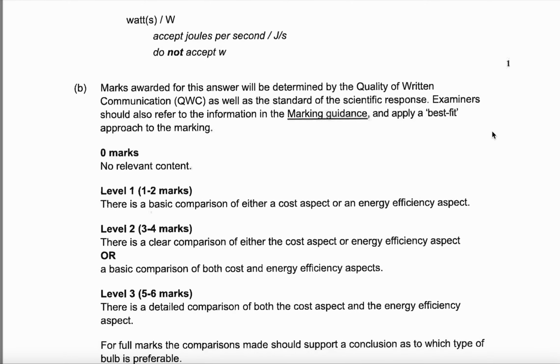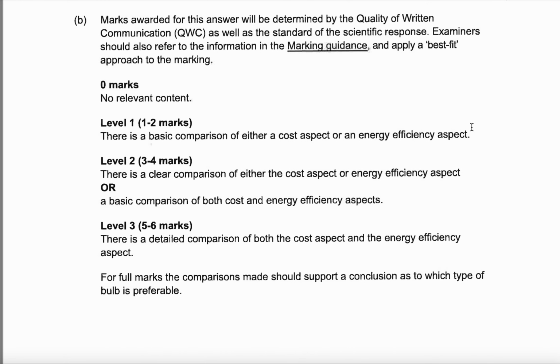Well, this is what the mark scheme explains to you. If you've made no relevant comment, obviously you get 0 marks. If you give a level 1 answer, a basic answer, where you've made a basic comparison of either cost or efficiency, you'll get 1 or 2 marks. Level 2 is 3 to 4 marks. So to get 3 to 4 marks, there is a clear comparison. So we're looking for clarity.